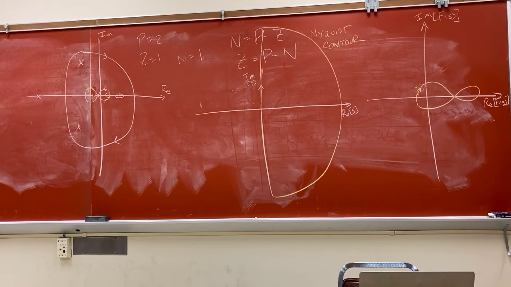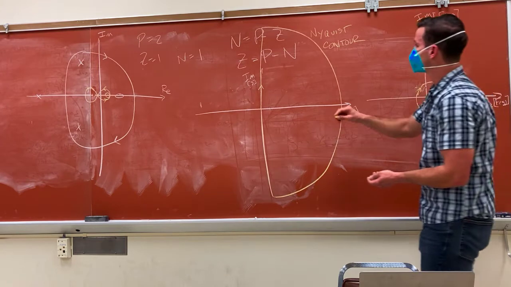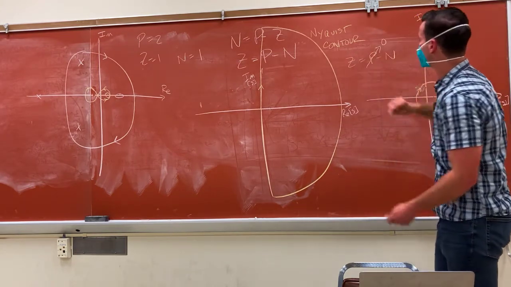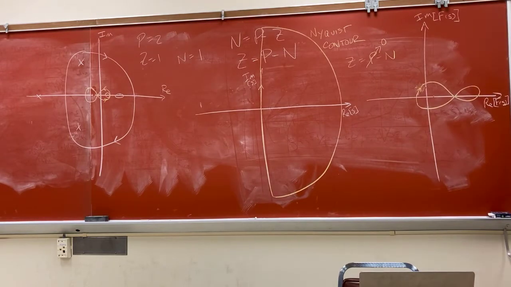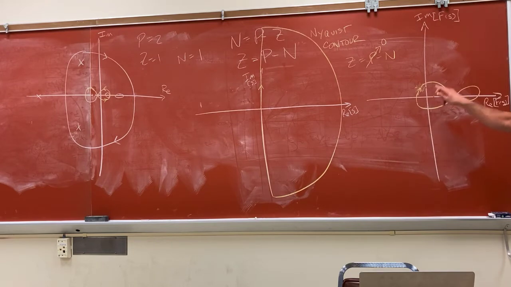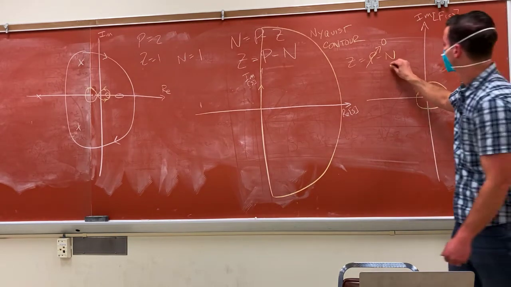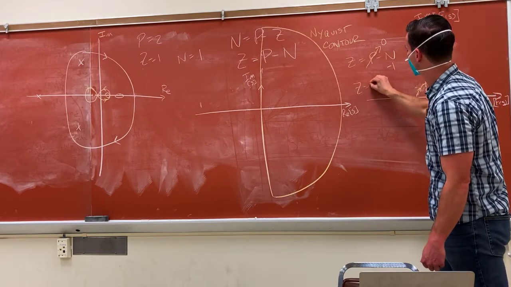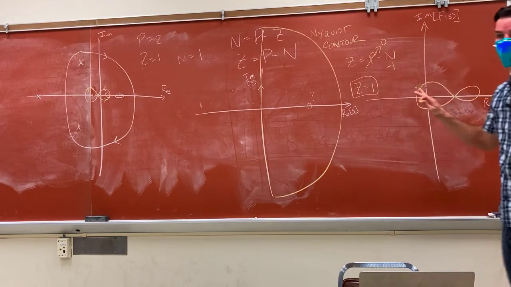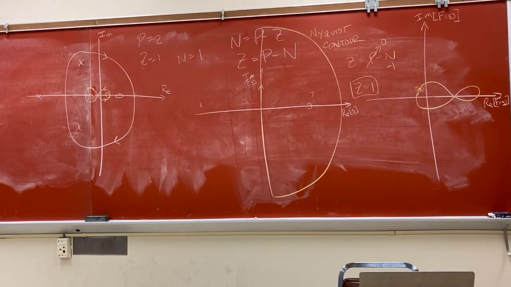So what I was trying to get you to see is that if we treat this as z equals p minus n, and we are told that there are no poles in the right half plane, and we can observe that there is -1 counterclockwise encirclements of the origin, then we have to conclude that there is a zero somewhere in here. That is how, believe it or not, we're going to use this result.